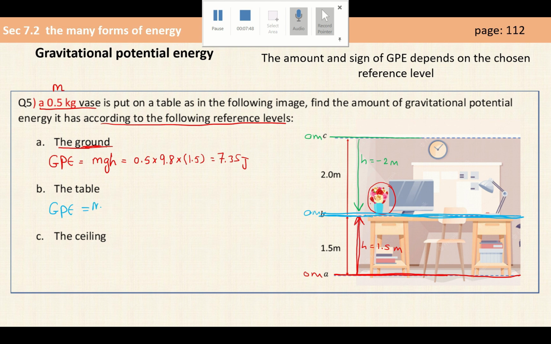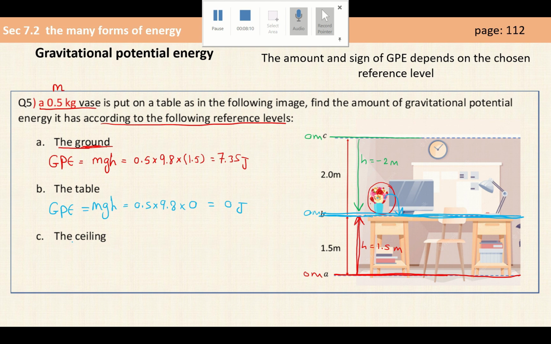That means if you multiply mgh, it's 0.5 times 9.8 times 0, because the vase is placed on the desk, at a 0 meters height from the desk. So that will give you 0 joules of energy.